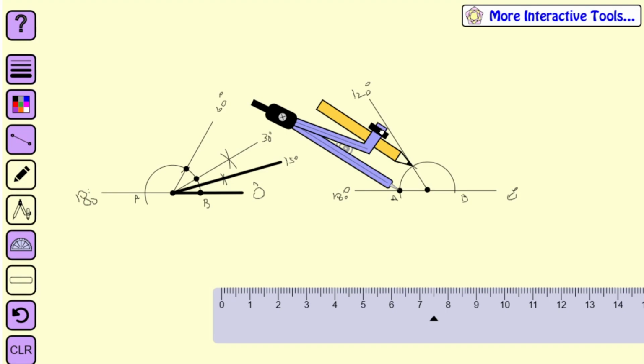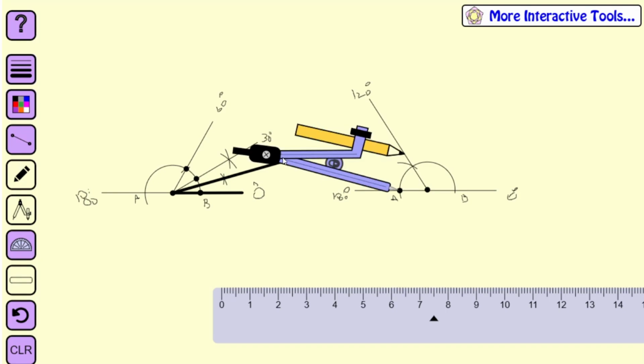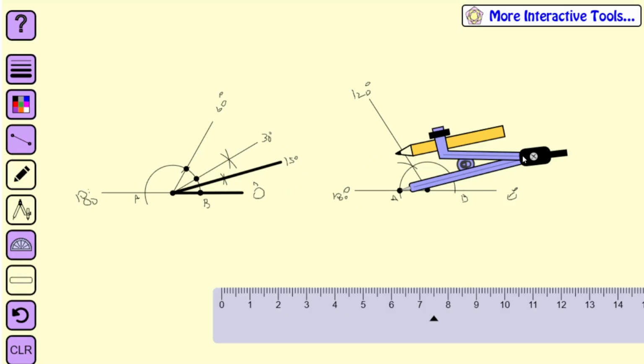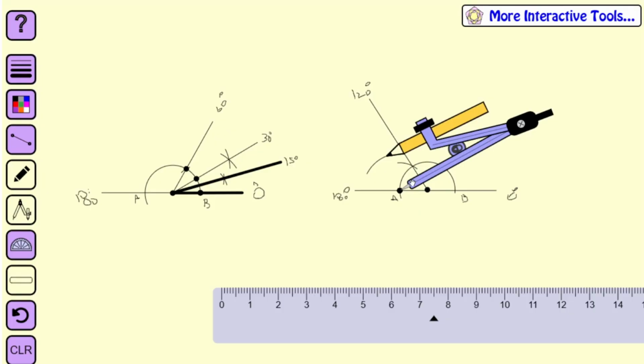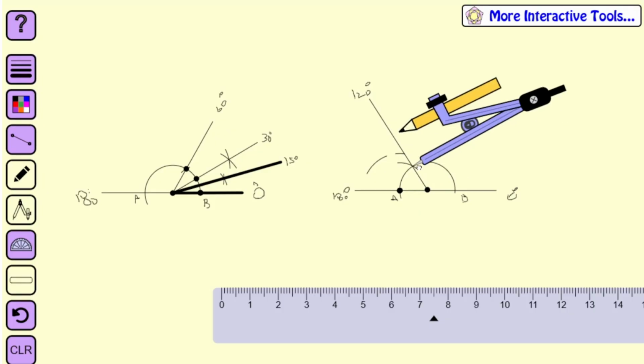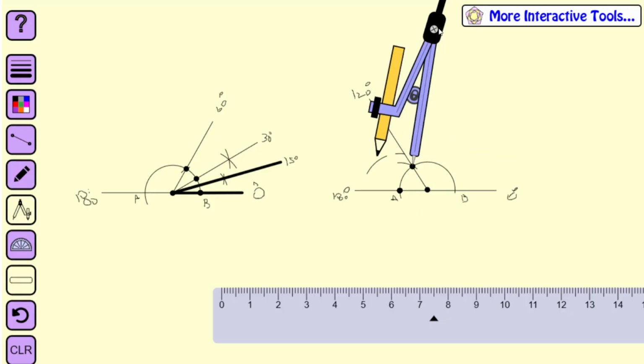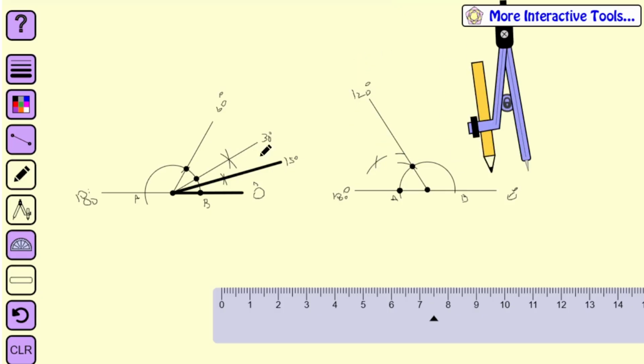Open this a little bit more. Bisect, remember 180, where the semicircle is cutting the line at 180, and where the semicircle is cutting the line at 120. After you get that intersection, you're going to draw your line, and this is now going to be 150.